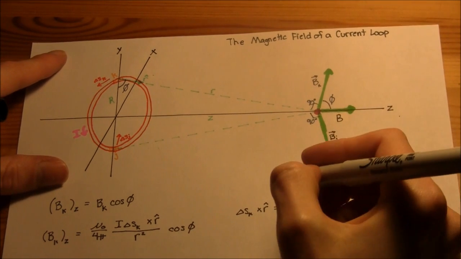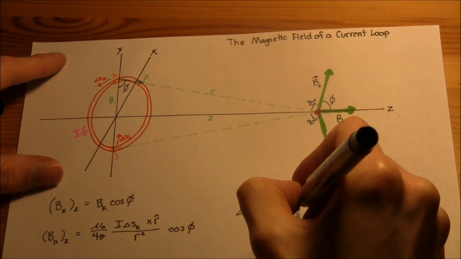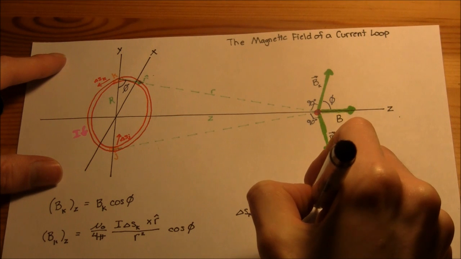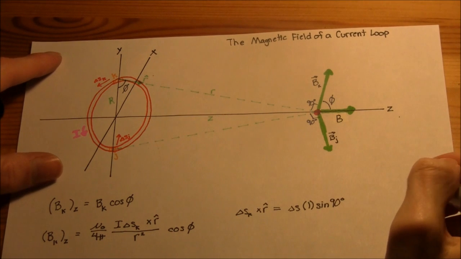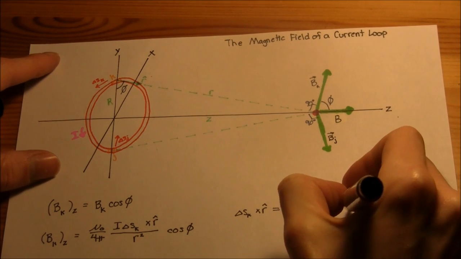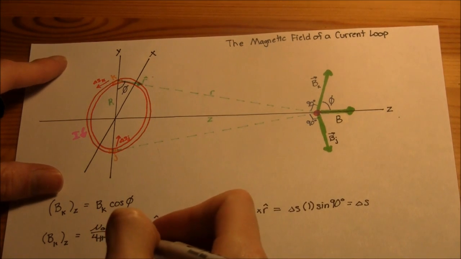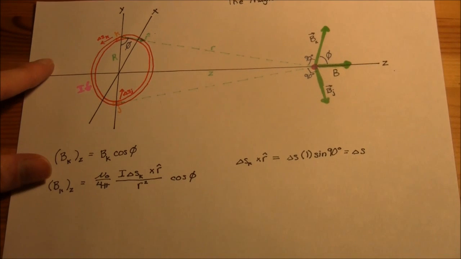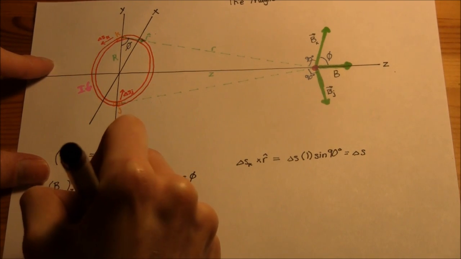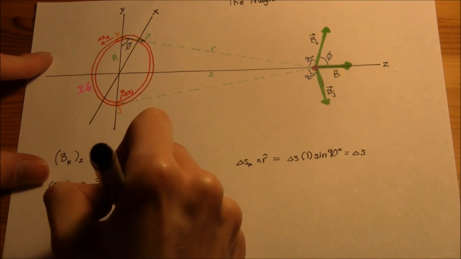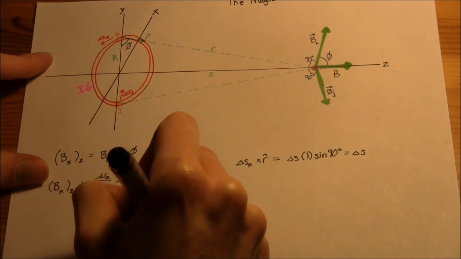So the cross product is equal to delta S times 1 times sine 90 degrees, which, since the sine of 90 degrees is 1, yields just delta S. So plugging that back into the equation, we get mu naught over 4 pi I delta S over R squared cosine phi.